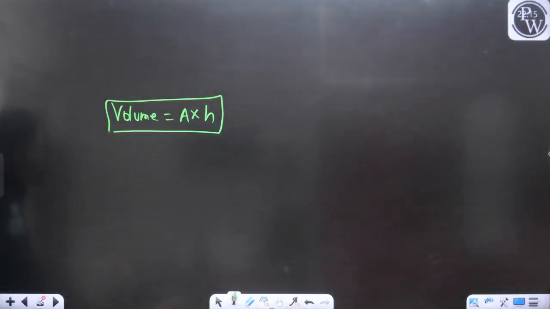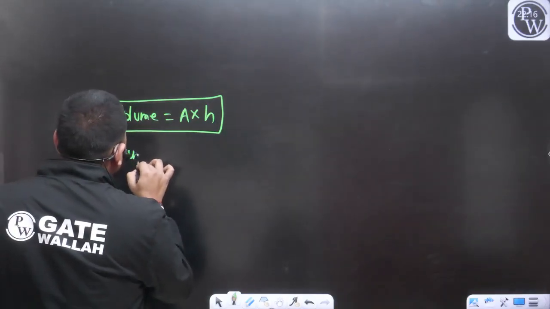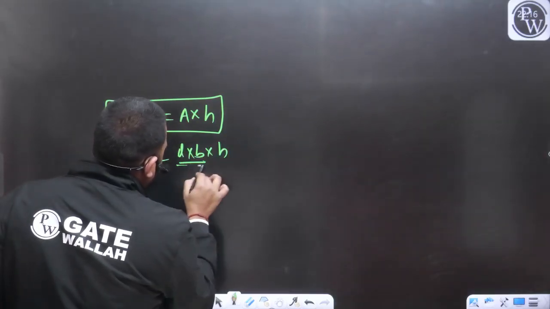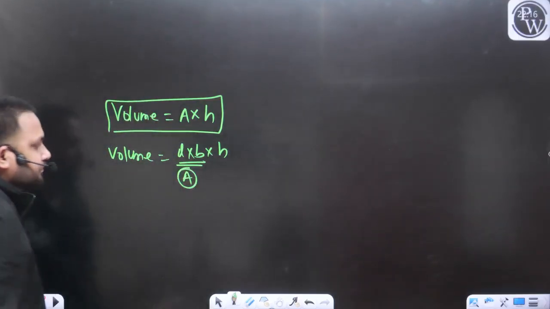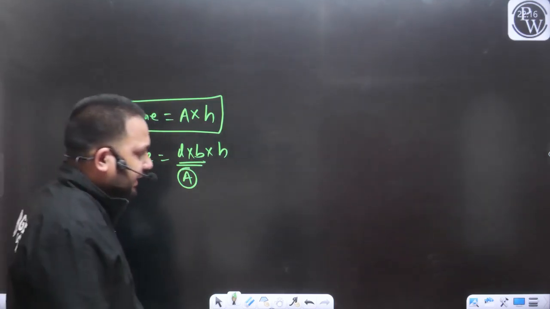Or simply we can write volume equals L into B into H, where L into B is nothing but area. Yes or no?